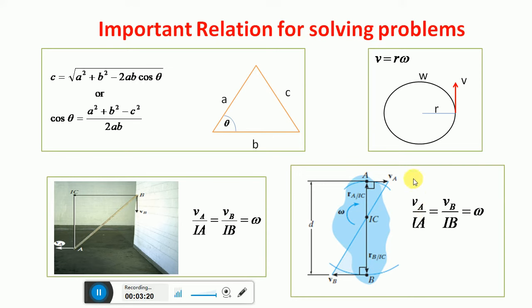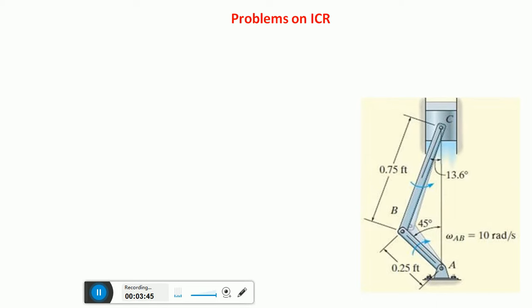Here we have used V is equal to R omega. Similarly, velocity of B divided by its distance from the I center will again be equal to omega. Omega is the angular velocity of that body which is under general plane motion. So these are some relations which will be used for solving problems in general plane motion.